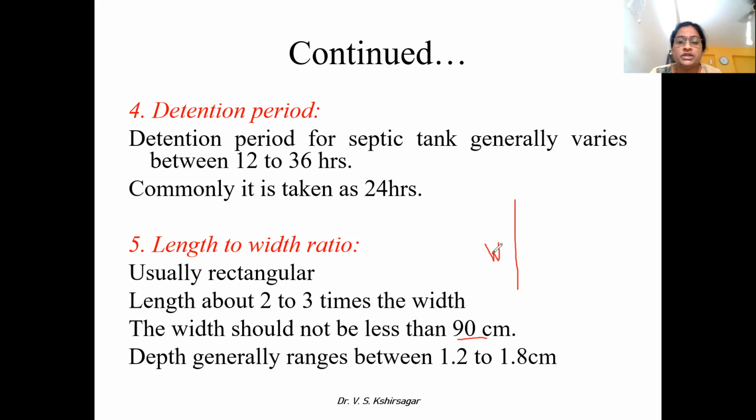And 90 centimeter width we can keep, and in respect of length, 1:2 to 1:3 with respect to width. So these standards you can follow for designing the septic tanks.